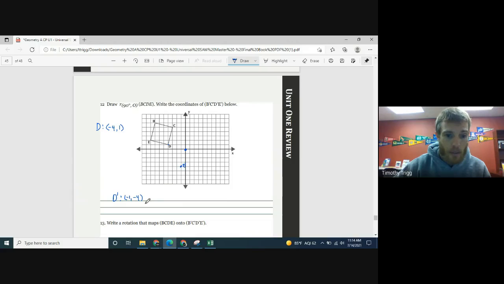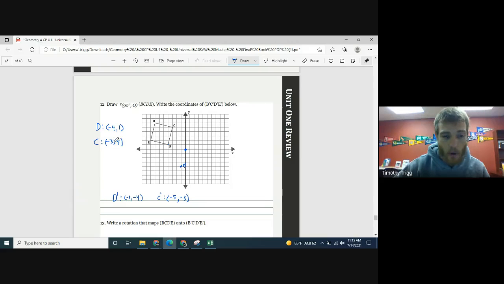What about C? So the original point for C is at -3, comma, 5. So when we rotate it 90 degrees, where would C prime end up? Well, that would end up at -5, comma, -3.